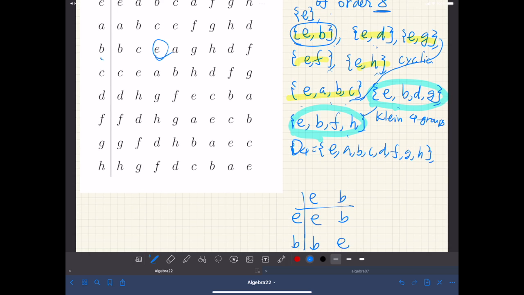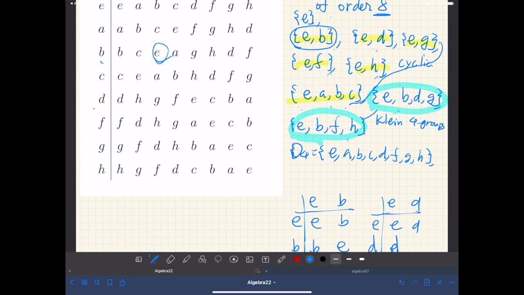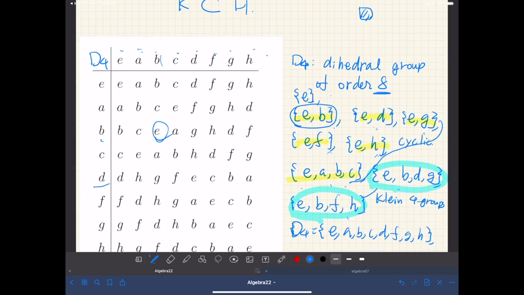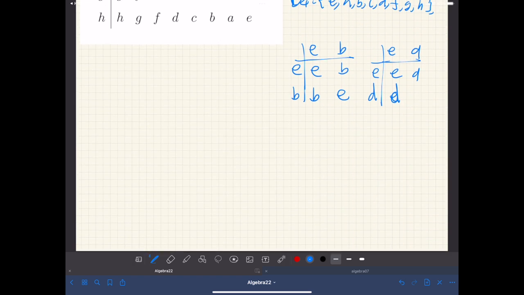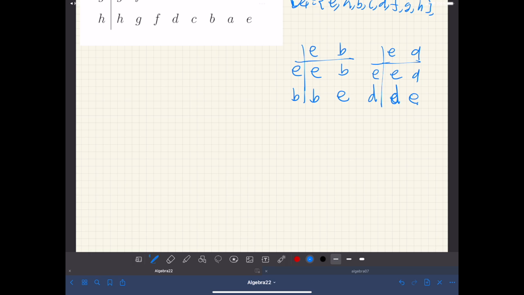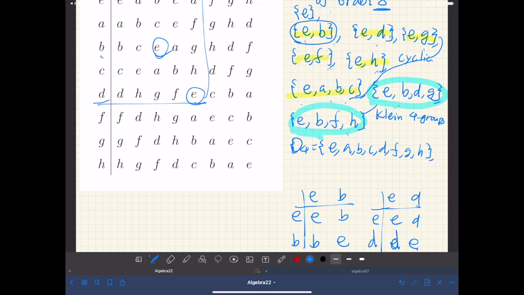And {E, D} also. Let's try that. D times D is E. So it is closed under multiplication, and so on. You should try those for all these groups.